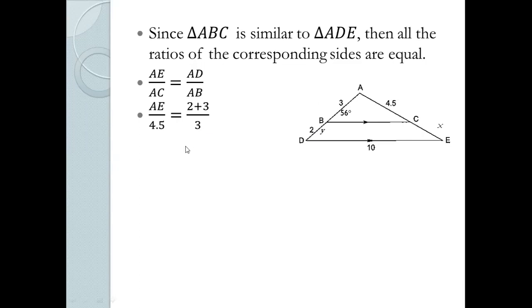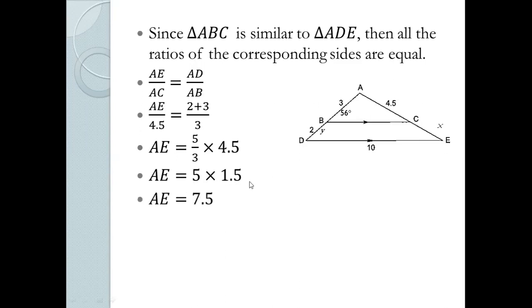When we solve, we will have AE upon 4.5 equals 5 upon 3, multiplied by 4.5. When we further simplify it, 4.5 divided by 3 becomes 1.5. So now 5 is going to be multiplied by 1.5 and it will give us the answer 7.5. This is the length of the whole side AE.